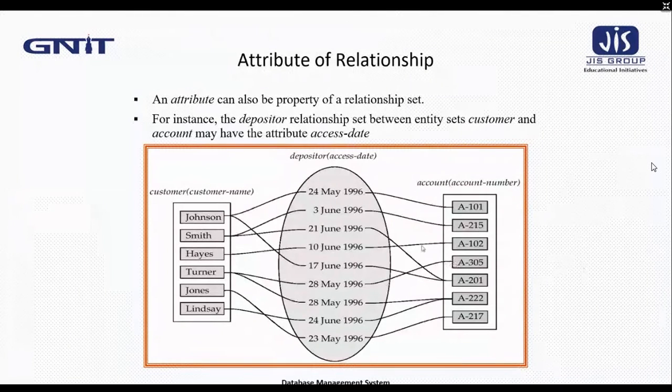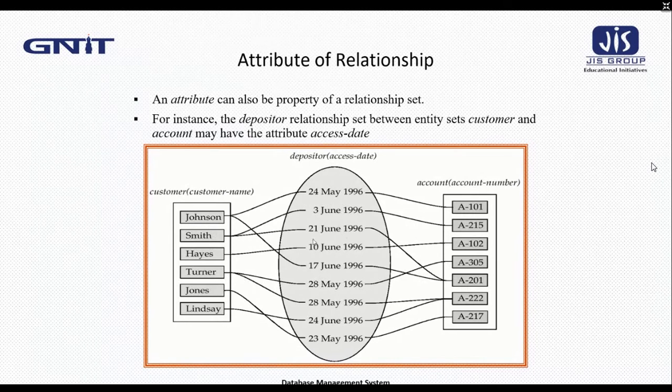Because here you can see that Johnson is accessing the account A101 on 24th May, and he is also accessing the account A201 on 17th June.